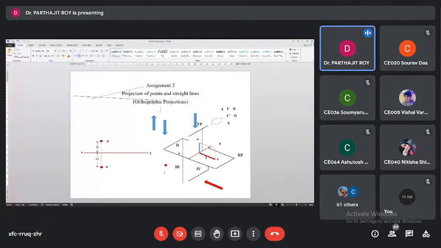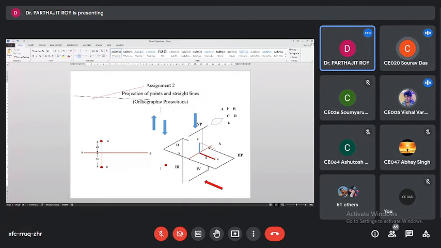Okay? So whenever you are looking at a point lying in the third angle, your visual ray will be intersecting the vertical plane below the xy line, isn't it? Yes, sir. It means the front view will be below the xy line, isn't it?